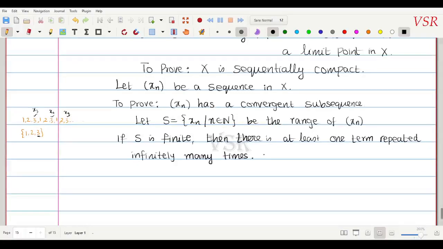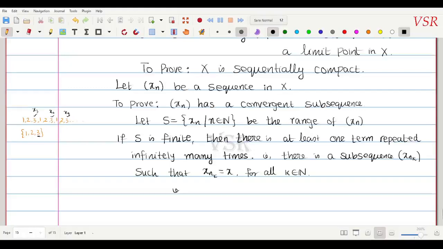That is, there is a subsequence, and the subsequence is called xnk, such that xnk equals some constant x for all k belonging to natural numbers.